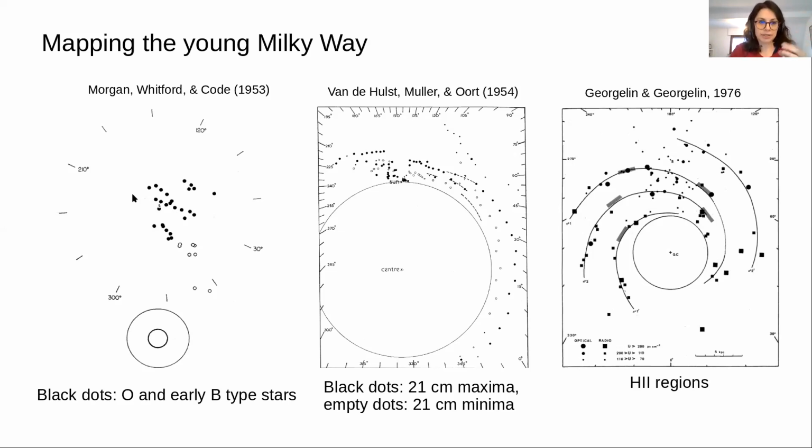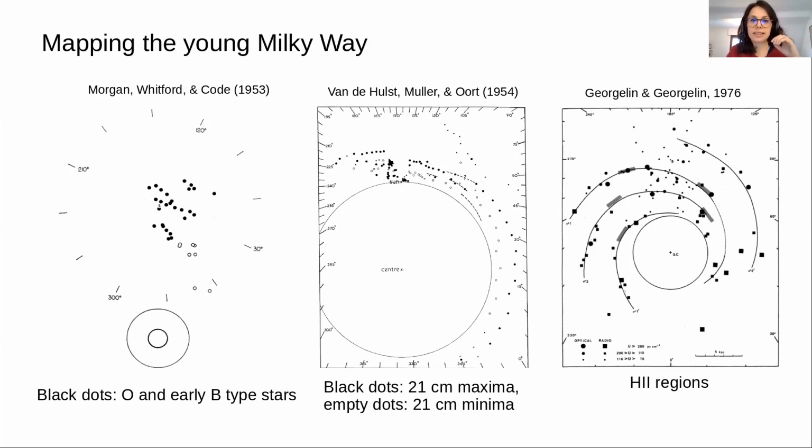In the same year, Oort, Van der Hulst, and Muller first studied the 21 centimeter radiation from hydrogen, and again tried to picture the distribution of neutral hydrogen in the galaxy. Again, this is a figure of the galaxy as seen from the top. The center is here and the sun is over here.